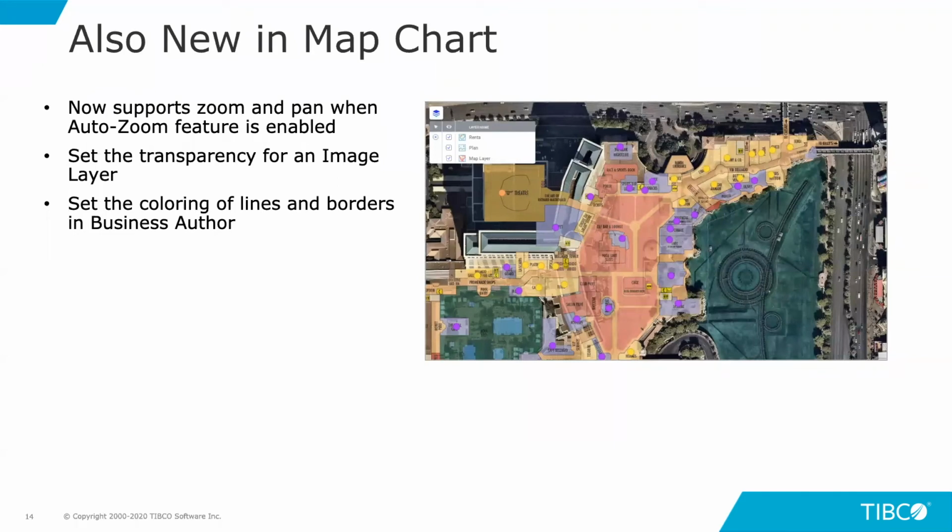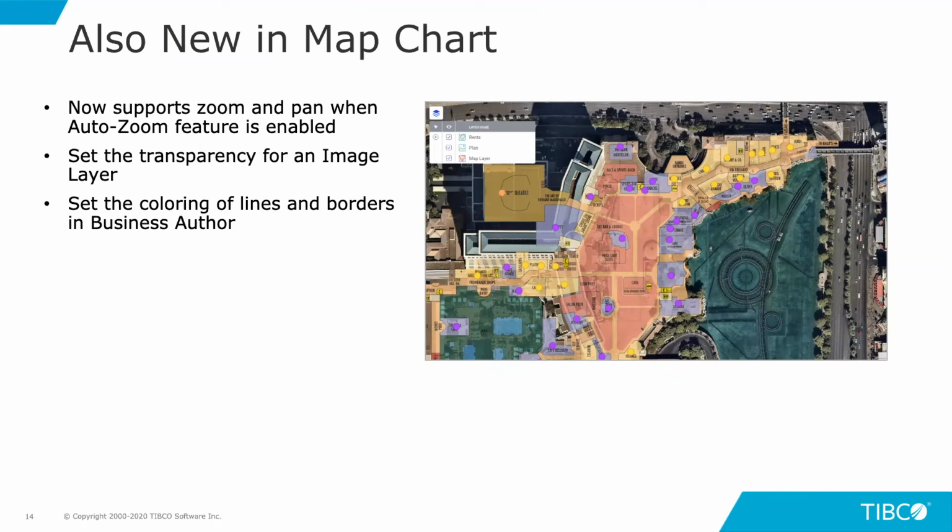Also new in this release, a significant enhancement to the auto zoom feature. Just as a reminder, auto zoom is a map chart feature that enables a map to automatically zoom based on data that you marked or filtered. And in Spotfire 10.7, you can finally zoom and pan your maps when this feature is enabled.